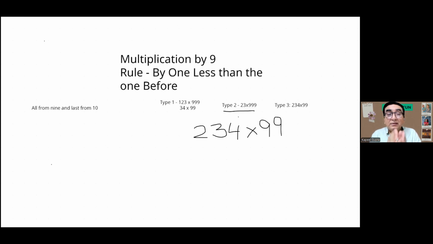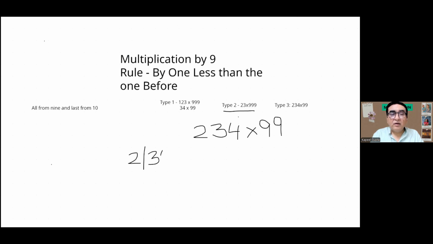What I'll do, I'll break 234 into left and right side, but I'll make sure that the number of digits in the right side should be equal to the number of digits in the multiplier. So I'll say 2, let me put a slash here, 34, right?